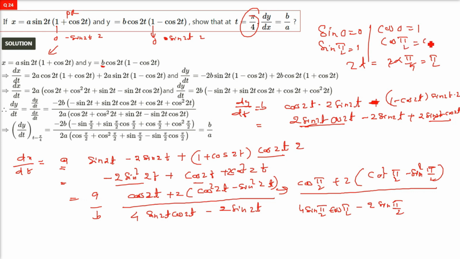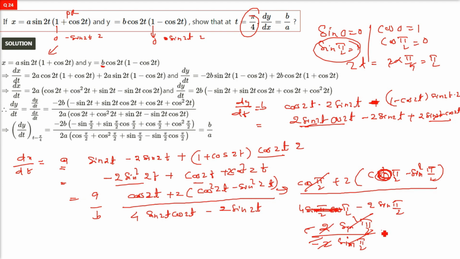So cos pi by 2, cos square pi by 2, all these are zeros. Just remove this. This also becomes 0. And we have this as 2 minus 2 sin square pi by 2, divided by minus 2 sin pi by 2. Sin pi by 2 is 1. Minus 2 gets cancelled, you get a 1.